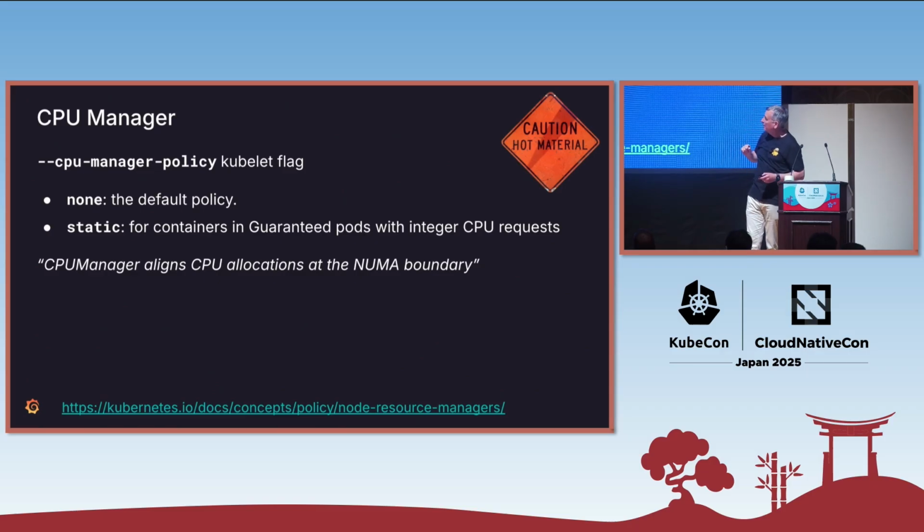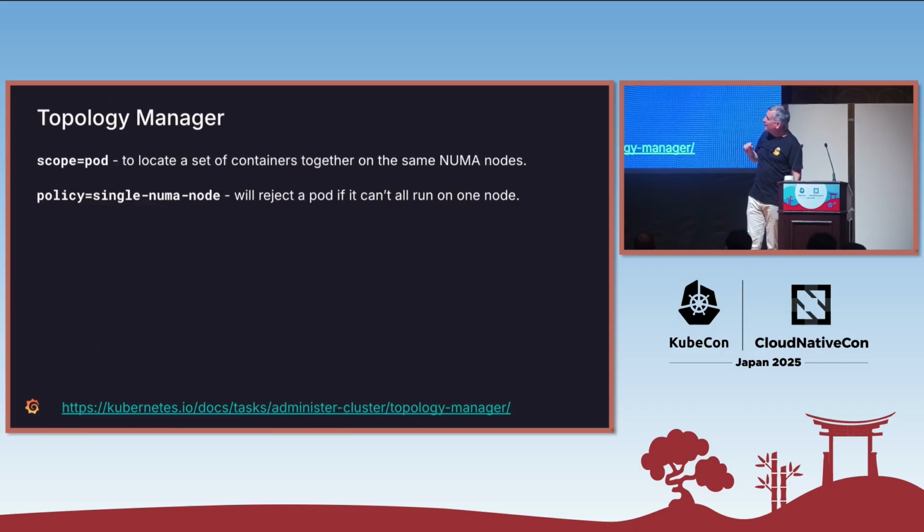There's another thing called the topology manager. So if you Google Kubernetes and NUMA, you might find this. This is to locate a set of containers or even a set of pods on the same NUMA zone. And nobody does that, right?